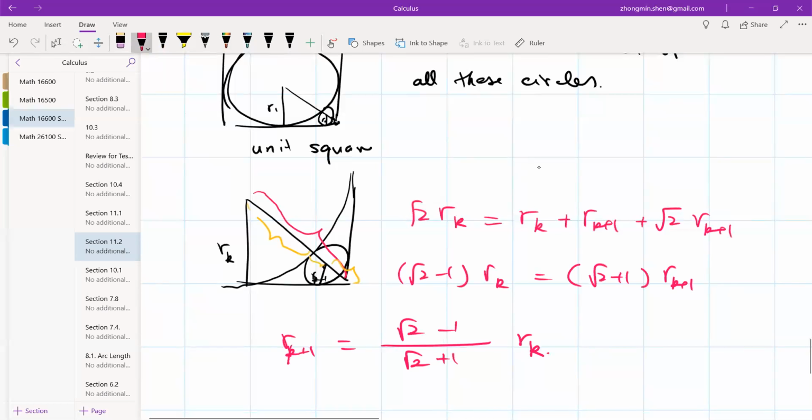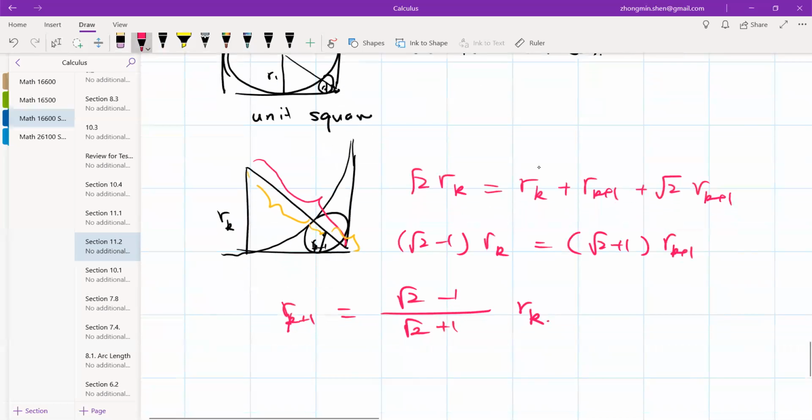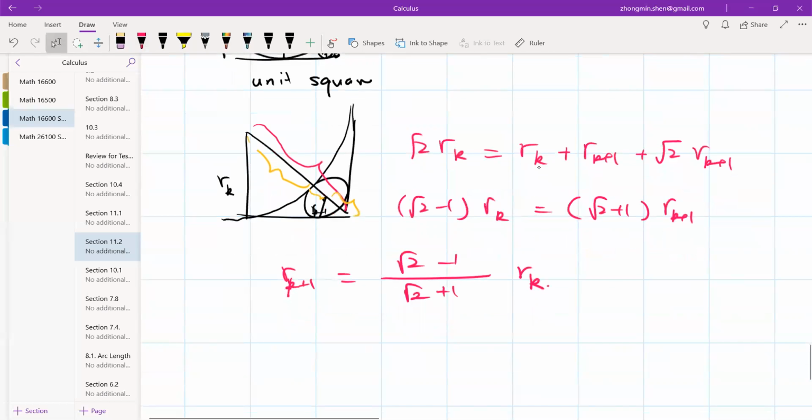So the radius decays by this formula. For simplicity, the square decays even faster, R_(k+1) squared, because we're talking about the area. The area is going to be pi times (square root 2 minus 1) over (square root 2 plus 1) squared.